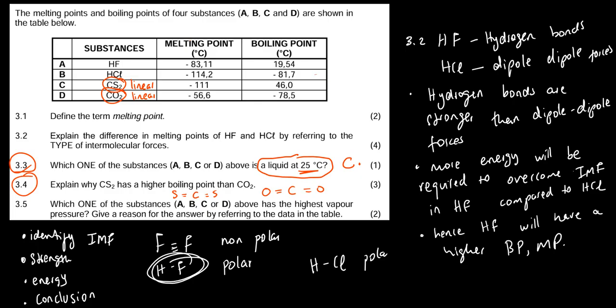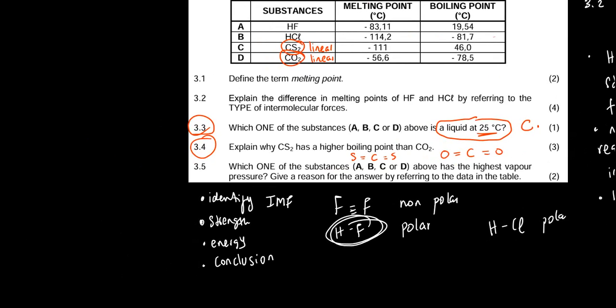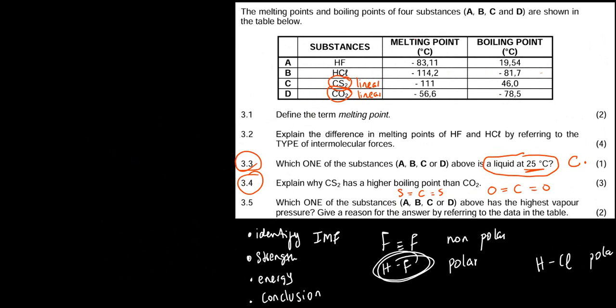Okay, so these two linear molecules are non-polar, which means in both of them we have London forces. So that's what you must start by saying, is that in CS2 and CO2 there are London forces, right? There are London forces in both. So now, since both of them belong to the same type of intermolecular force, how do we compare them?